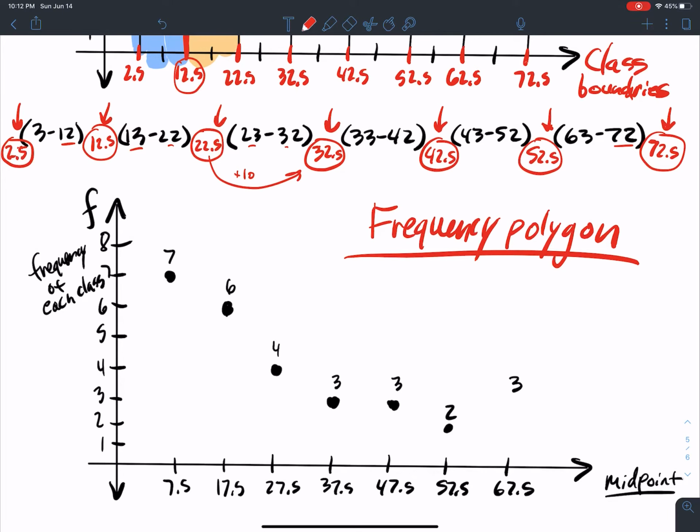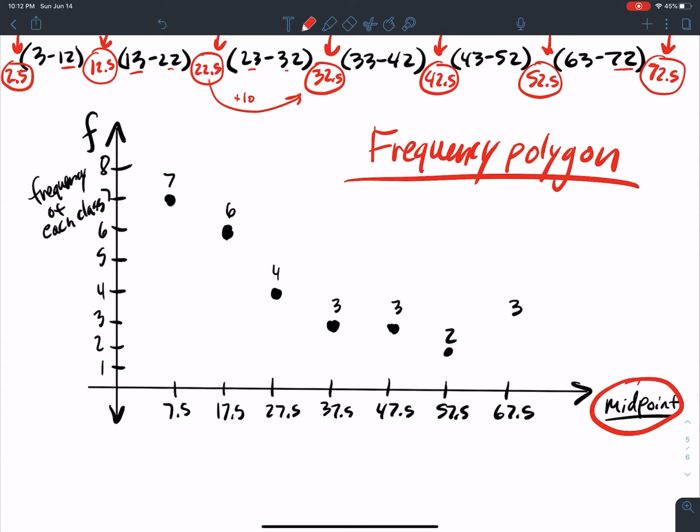So the horizontal axis are the midpoints, and the vertical axis are the class frequencies. This one starts at 0, and it goes up to the 7. What we do is we just connect the dots and we make a polygon.